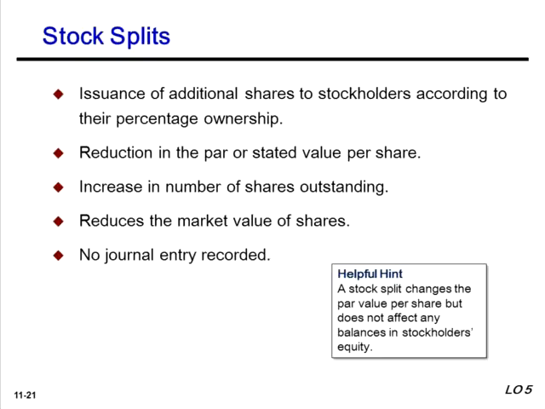The number of shares outstanding would double. And then the market value of the shares would be cut in half. So years ago, when times were good, General Electric stock would run up in value quite quickly.